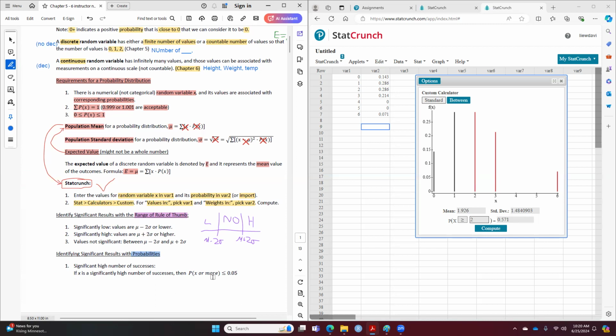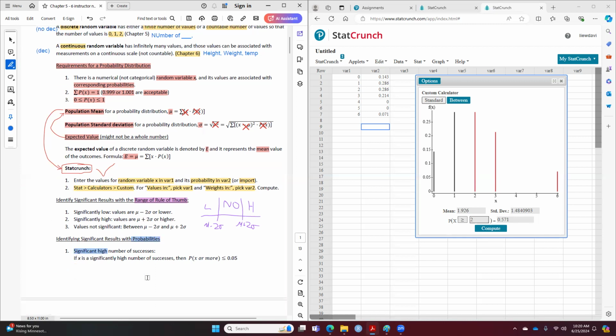In the test, you only need to show one of these ways. If you're using the probability, in order to figure out significantly high, you find the probability of that number or more. If that number or more is 5% or less, then it's considered significantly high.